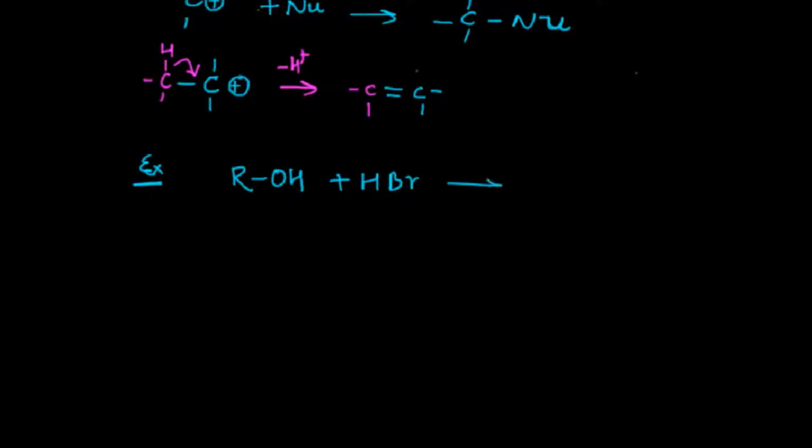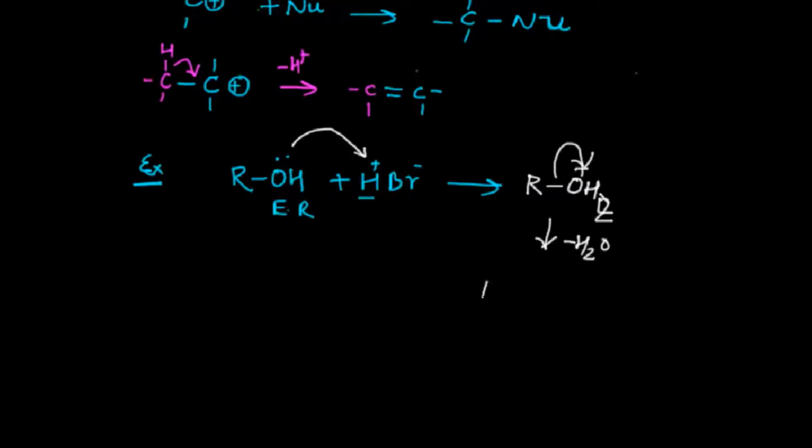In this case, initially this is an electron-rich center, the alcohol, and here H plus Br minus is electron deficient. The lone pair of electrons on oxygen donates to H plus, forming ROH2 positive, and then there is loss of H2O, so it forms R positive.